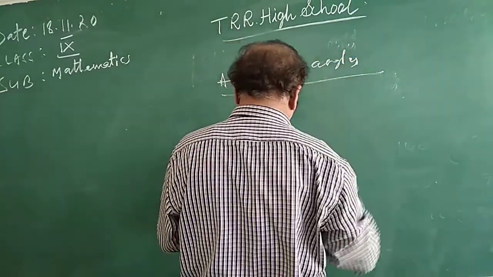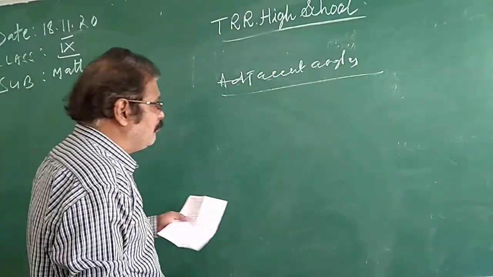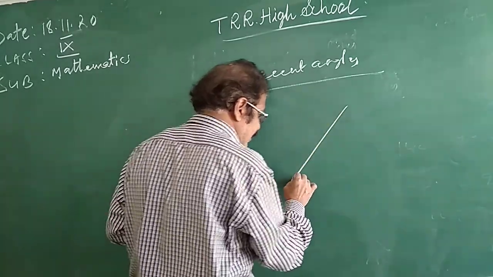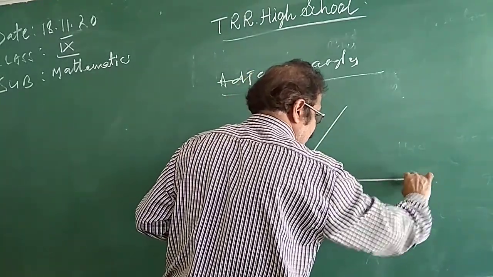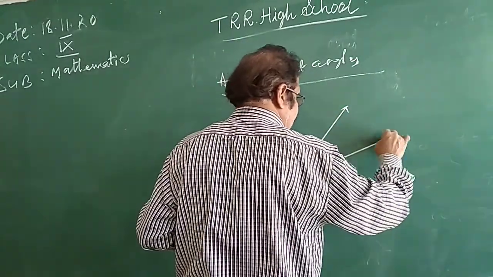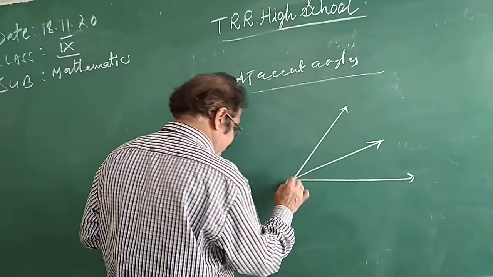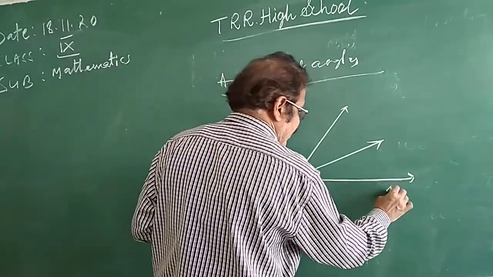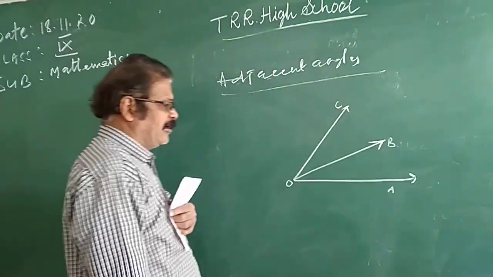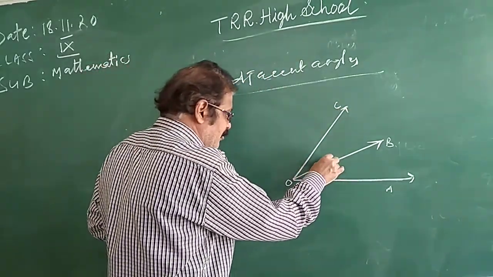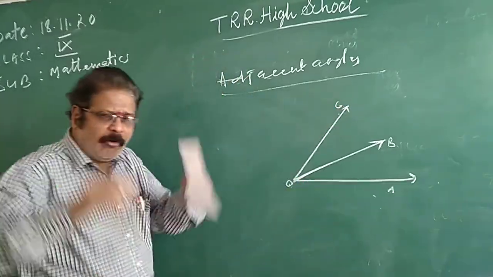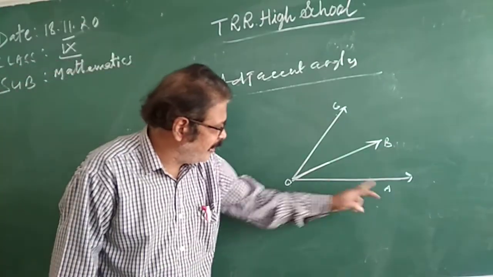So this is a ray, this is a ray, this is also a ray. The vertex is O. This is OA ray, this is OB ray, this is OC. The total angle here is AOC or COA. The whole angle, the total angle, is AOC.